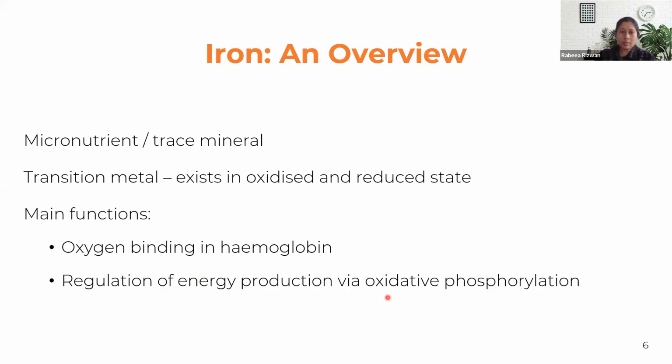So what do you understand by this? In our body, we need oxygen. Why? Because in our blood, we have RBCs, the red blood cells. They have a special protein called hemoglobin, which can bind oxygen. And this hemoglobin is mainly composed of iron.